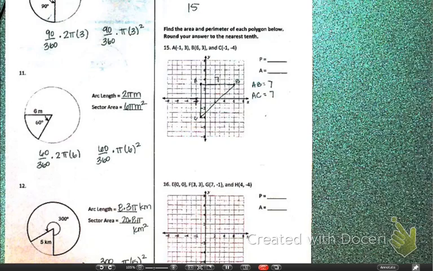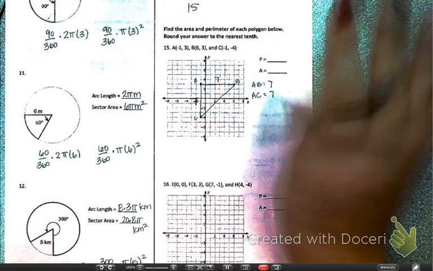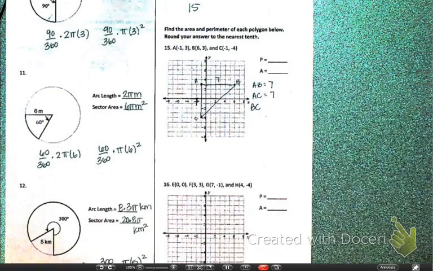So we have AB, we have AC. What else do we need? BC. And BC is at a diagonal, so you have to use the distance formula. Okay?